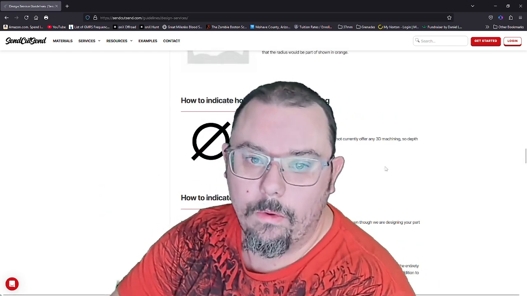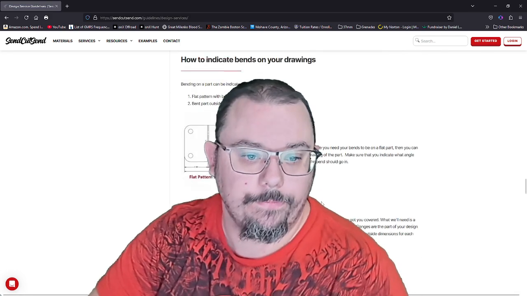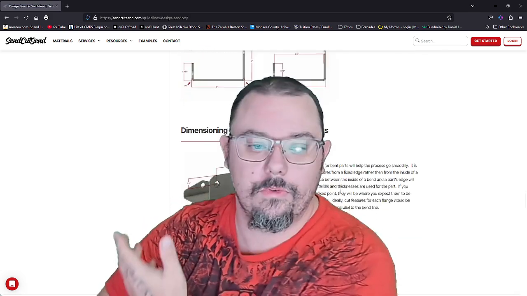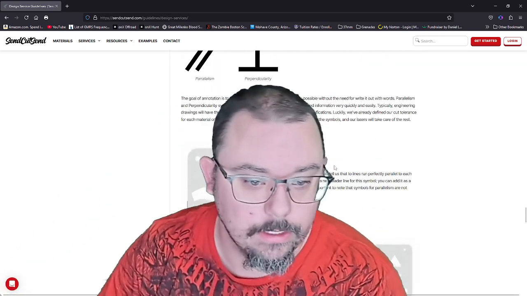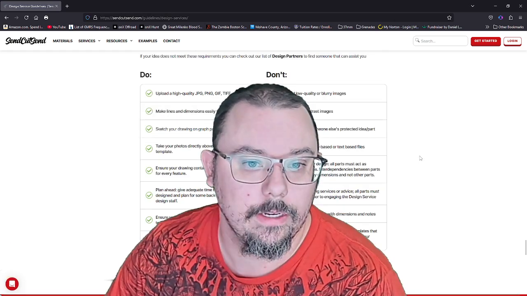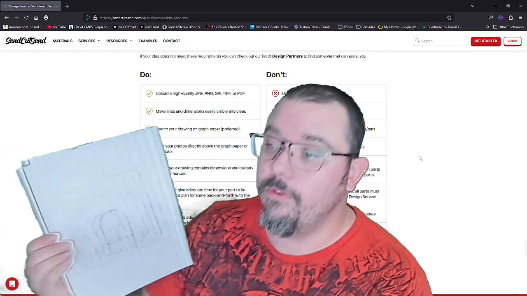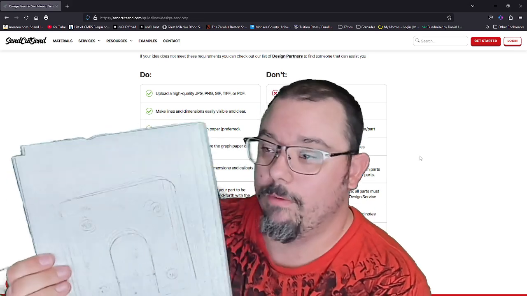How to indicate hole diameters on drawings. And it's like they go through all this stuff. My drawings are like this. I have information on there. And I'm using graph paper like they said that they want. They want graph paper.